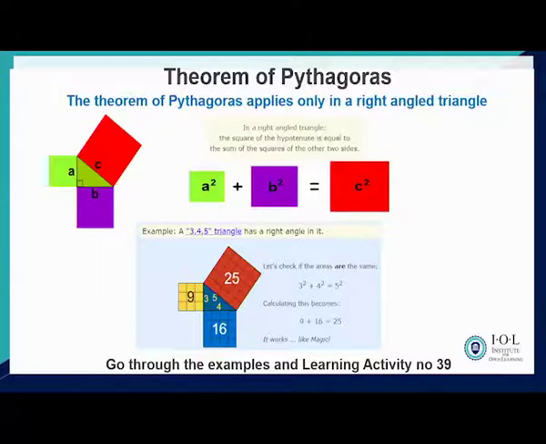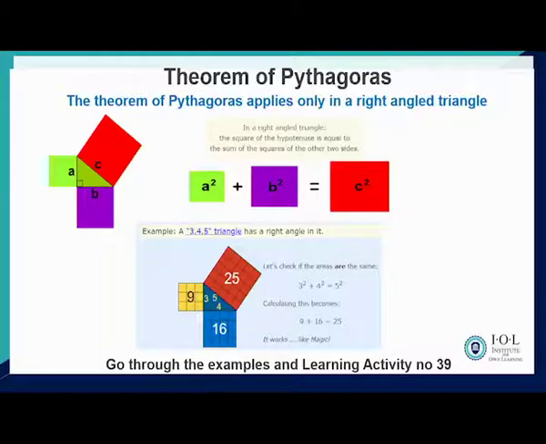The square on that triangle, square of B and the square of A. If I cut it out and I paste it onto the red block, I will see it fits in. I put that purple block there, then there's space on the sides, and I cut up the green one and it will fit exactly. So the square on the short sides, if I add them, will give you the square on the long side.